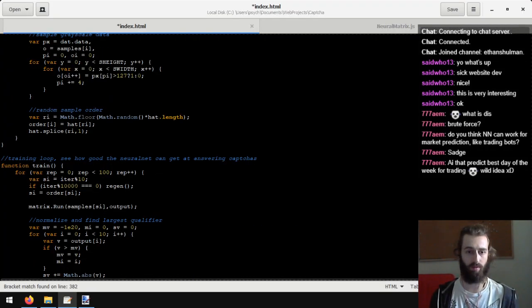So what if instead of doing mod that, we did mod plus iterations? That'll actually probably cause issues.